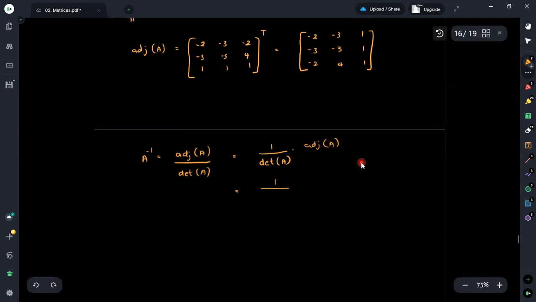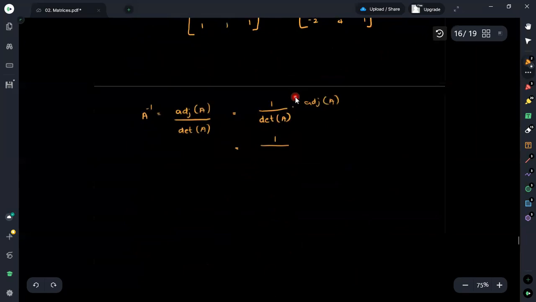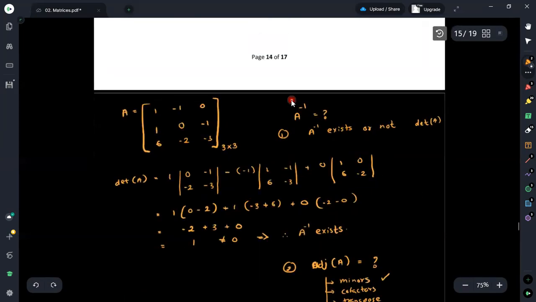Then we'll get this as 1 over. We have already calculated the determinant of this matrix A as equal to 1. Therefore, the determinant of the matrix is equal to 1, and then we can see the adjoint of this matrix.